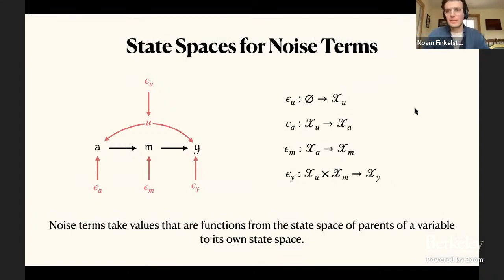Okay, 10 minutes. So I'm going to talk a little more about the idea of tasking and the idea of a hybrid parameterization. I think many of you will have seen representations of causal models that look like this. The interpretation of these models is that the epsilon variables encode all of the randomness about each of the other variables.